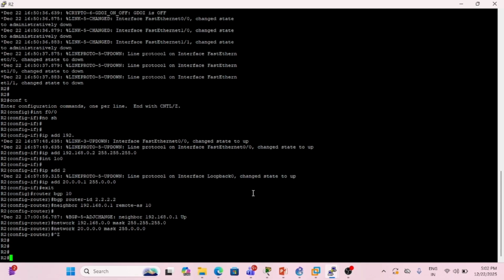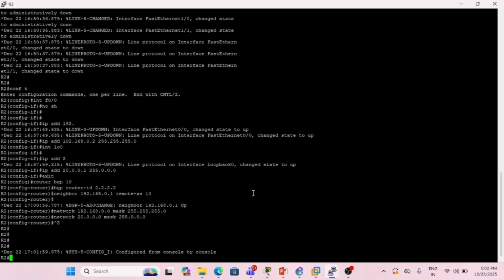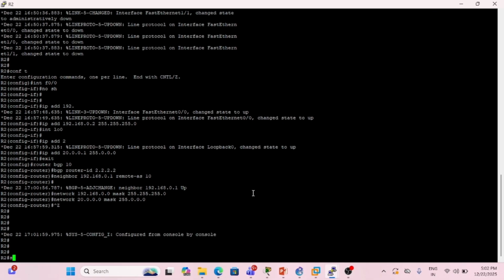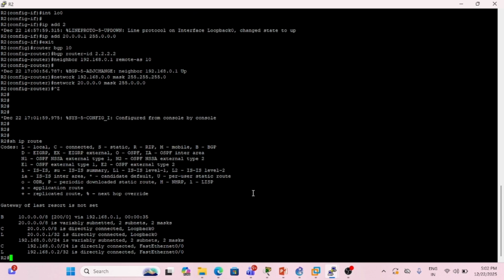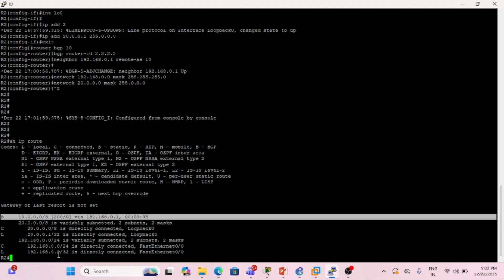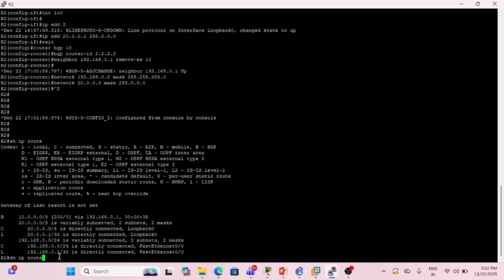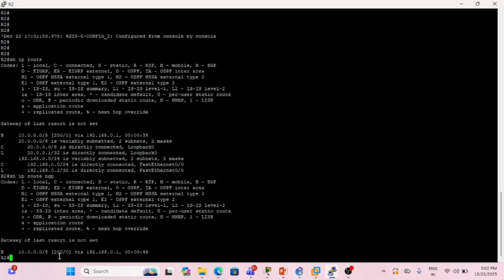So these things are advertised in the BGP network. So now if I go to R2 and give the command show ip route, you can see the BGP route there, that is this one, 10.0.0.0. And if you give show ip route bgp, if you filter out only the BGP routes, this is the BGP route that you can see.